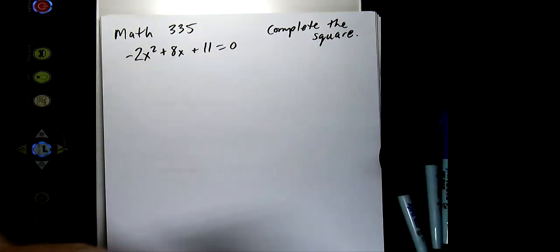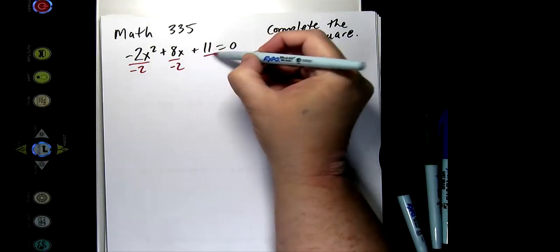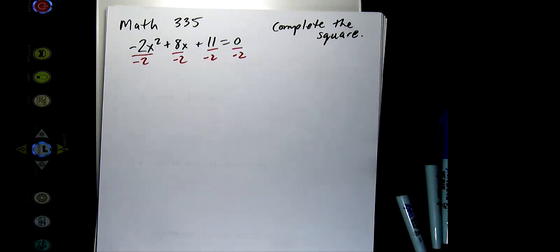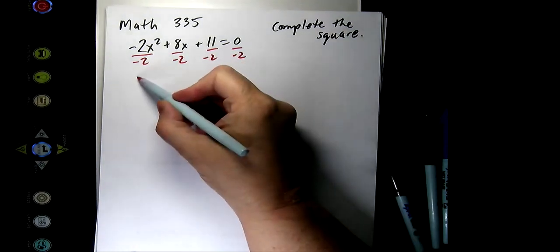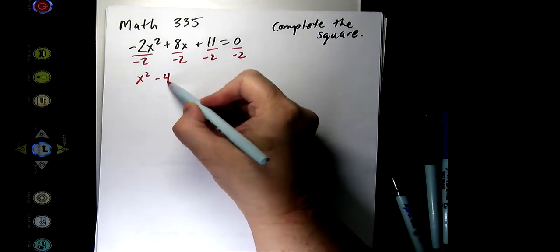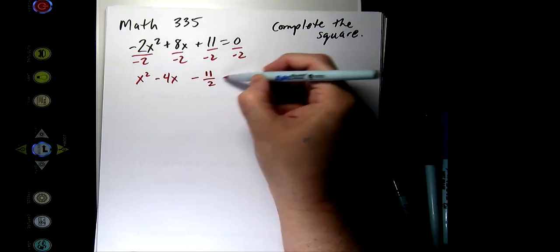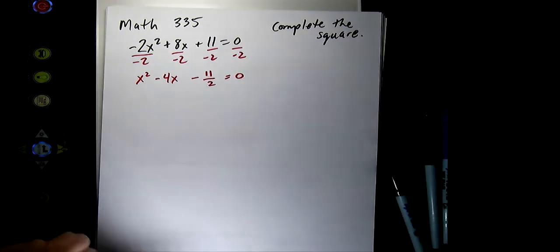So to do that, we're going to divide everything by -2. Get x² minus 4x minus 11 over 2 equals 0. That's ugly, but it is what it is.